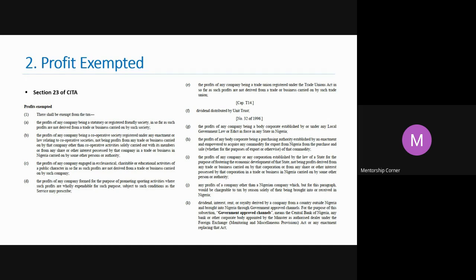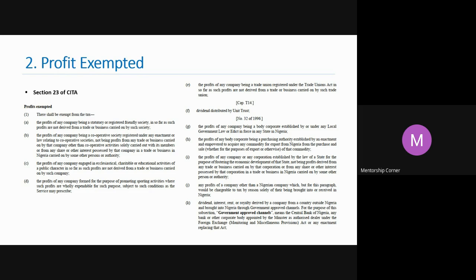For the purpose of this section, government approved channels means the Central Bank of Nigeria, any bank or other corporate bodies appointed by the minister as authorized dealer under the Foreign Exchange Monitoring and Miscellaneous Provision Act or any enactment replacing that act. So what this simply means is that dividend, interest, rent, royalties are exempt if they are derived from a company outside of Nigeria and brought into Nigeria.